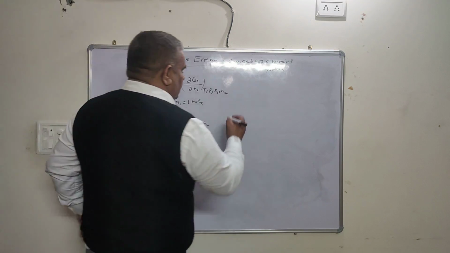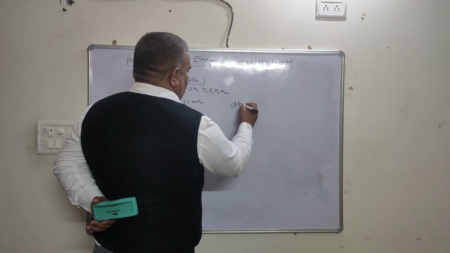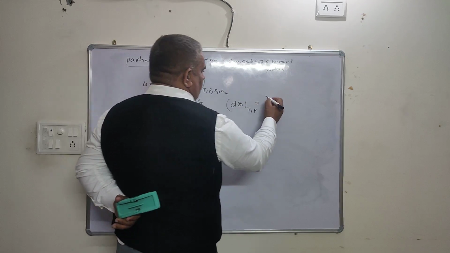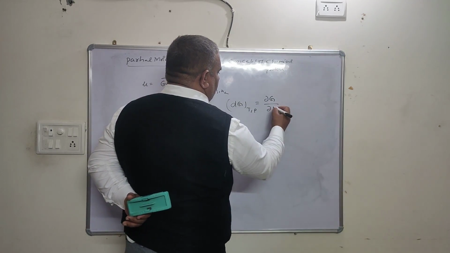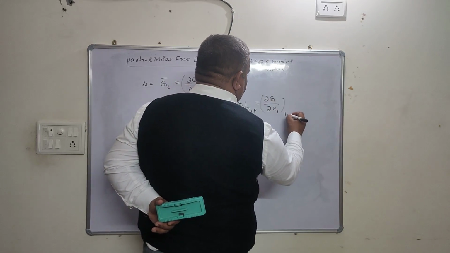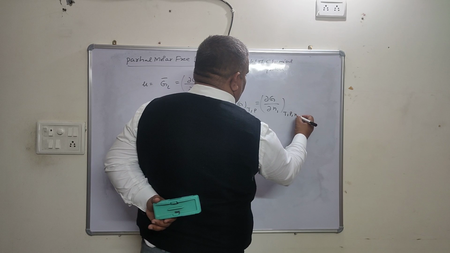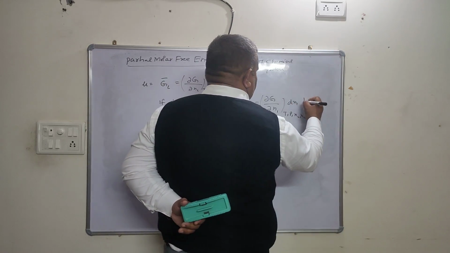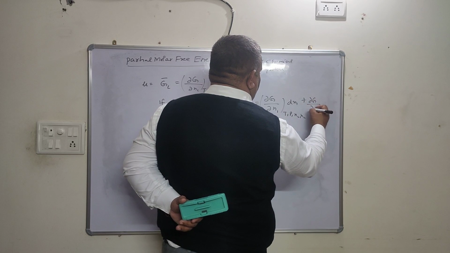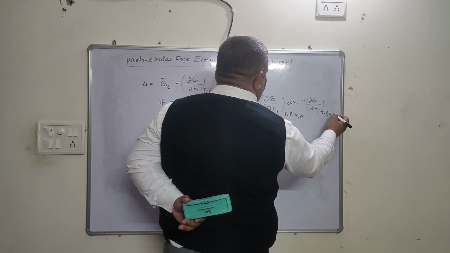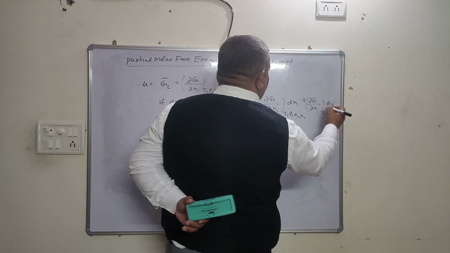If we take the equation, dG at constant temperature and pressure equals (∂G/∂N1) at constant temperature, pressure, N2, N3, dN1, plus (∂G/∂N2) at constant temperature, pressure, N1, N3, dN2.